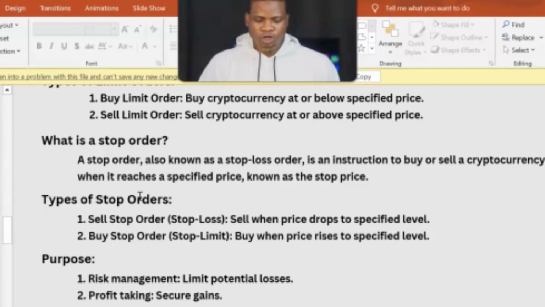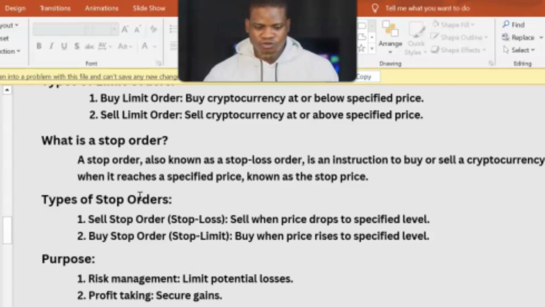I don't want to lose a lot of money. So stop loss is important in cryptocurrency trading because it helps you with your risk management. It helps you identify how much risk you are willing to take on a particular trade and how much you may potentially lose if the trade eventually goes against you.